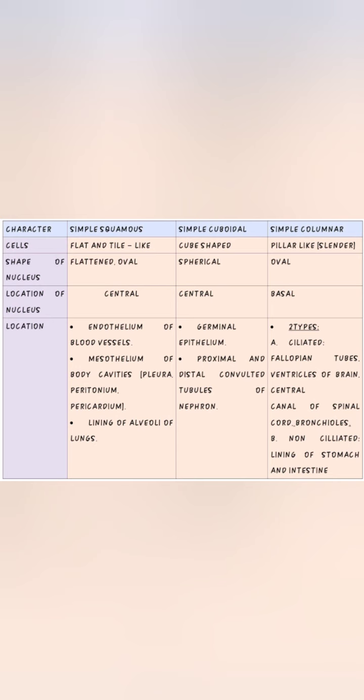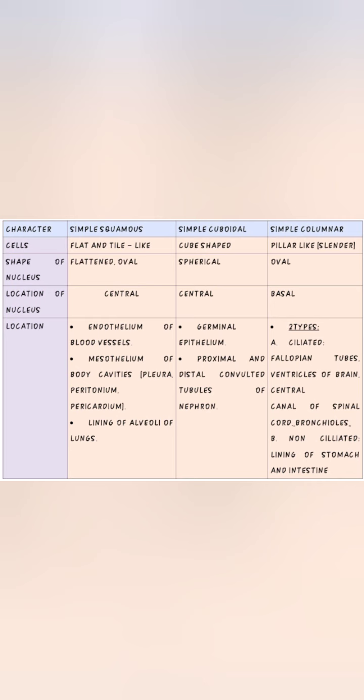Ciliated simple columnar epithelium is found in fallopian tubes, ventricles of the brain, central canal of spinal cord and bronchioles, etc. Non-ciliated simple columnar epithelium is present in the lining of the stomach and intestine.